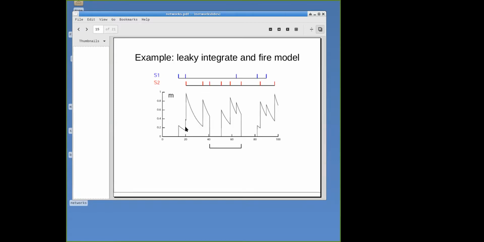The calculation only has to work every time an event arrives. You never have to update the value of M again until a new event arrives, at which point you see how big M is based upon when it last received an input and what the value of M was right after that input. So that is computation only when a new event arrives.